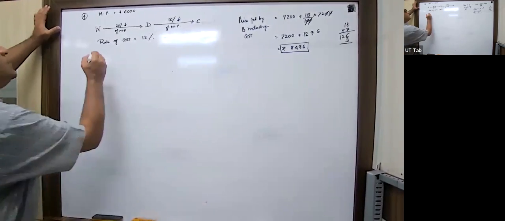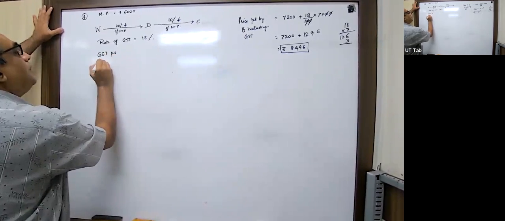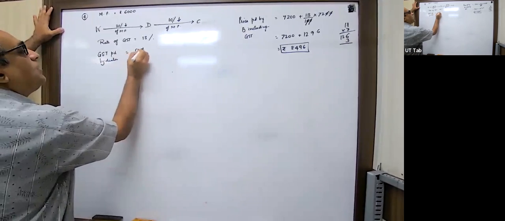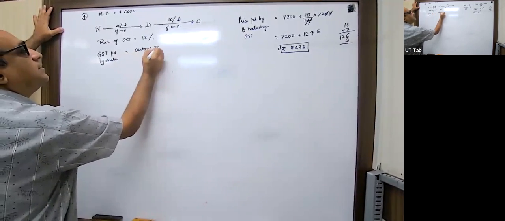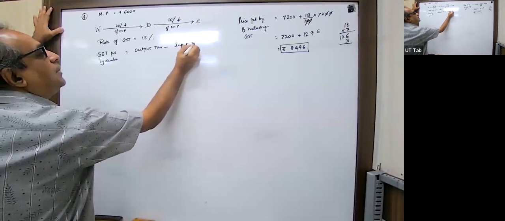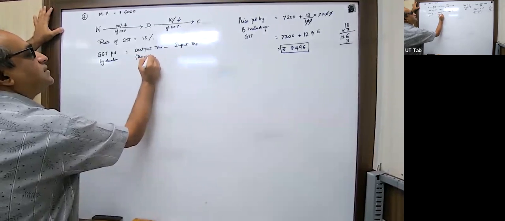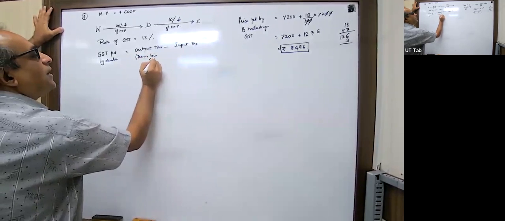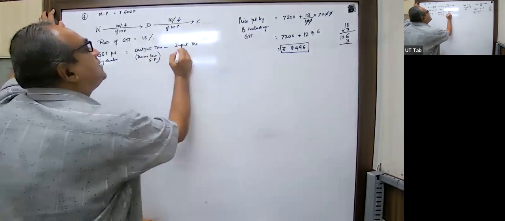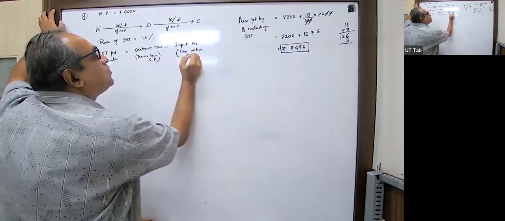So GST paid by dealer will be output tax minus input tax. है क्या नहीं? This is tax on his selling price. This is the tax on his cost price.